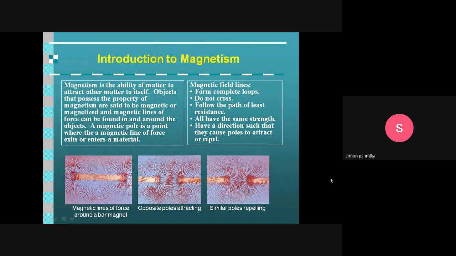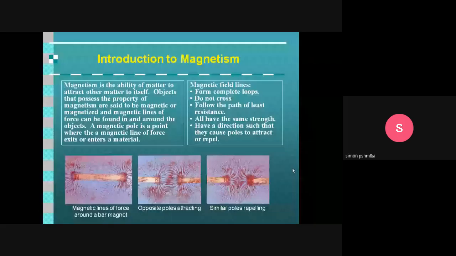So magnetic lines of force will be produced in materials which are magnetized. A magnetic pole is a point where a magnetic line of force exits or enters a material.